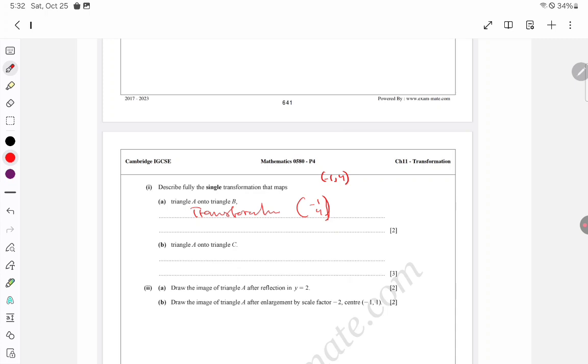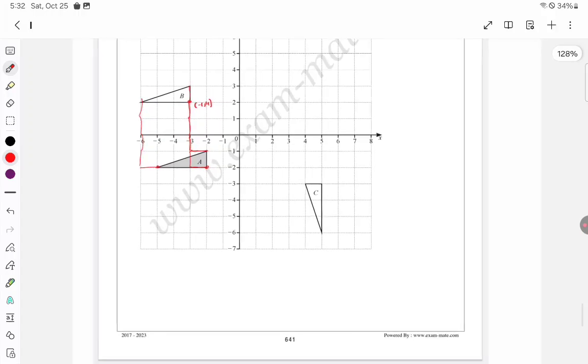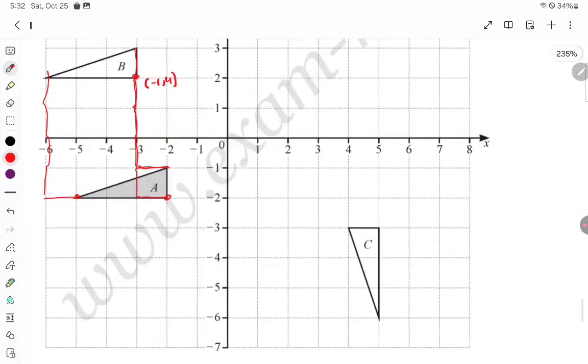Now for the B part, triangle A onto triangle C. For that, connect the corresponding points from here to here and from here to here. If we place our D right here in the center, we can make a perpendicular bisector from this 90 degree.